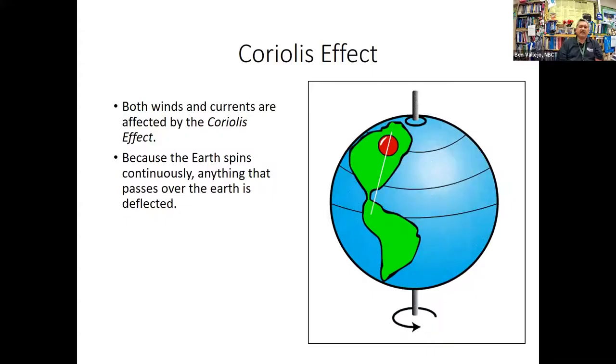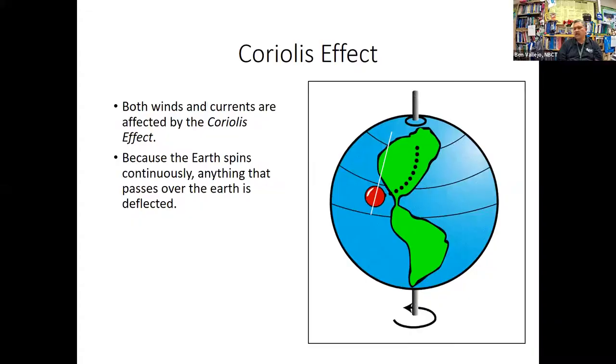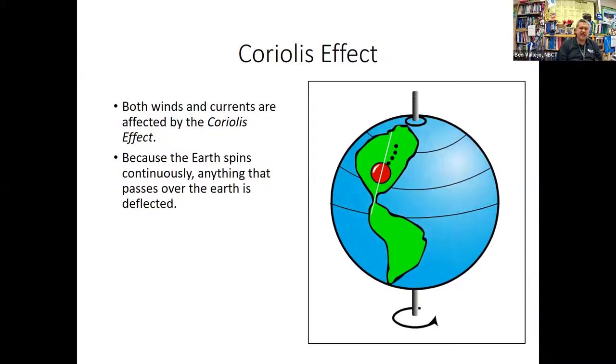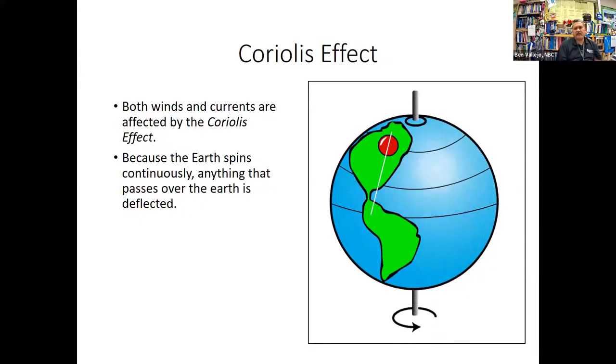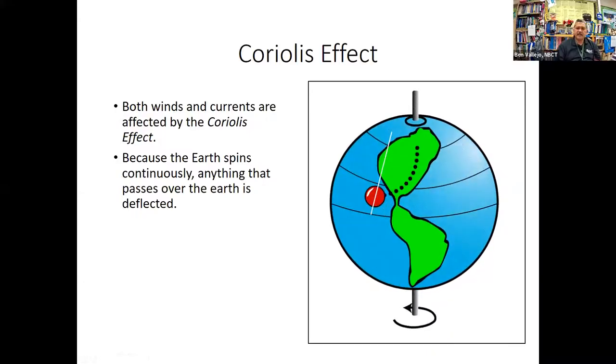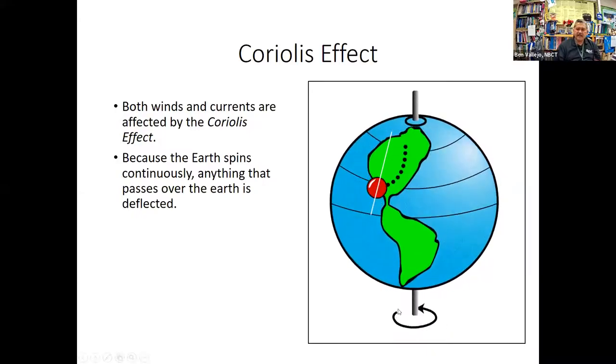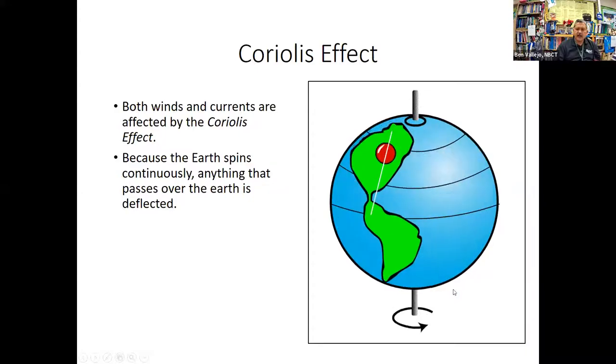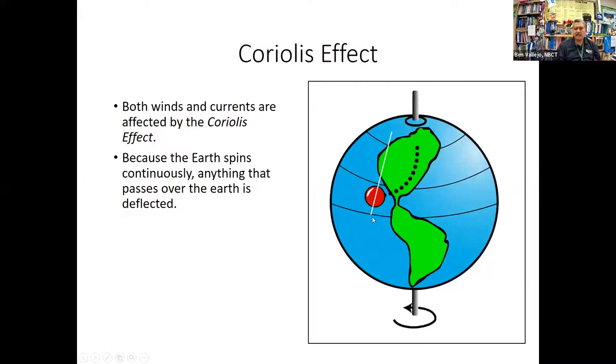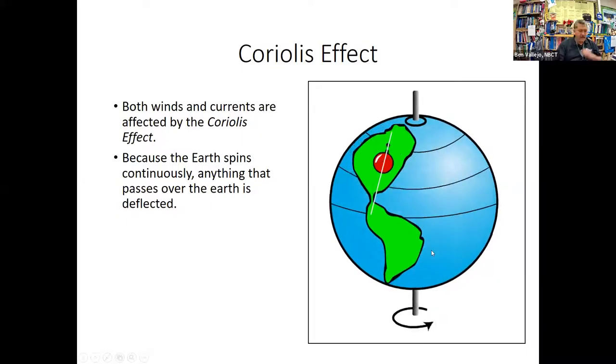All right, here's a GIF that shows you the Coriolis effect. The Coriolis effect is due to the spinning of the Earth, and the winds and the currents are both affected by the Coriolis effect. You can see in this picture down here, this arrow shows you that the Earth is rotating counterclockwise.